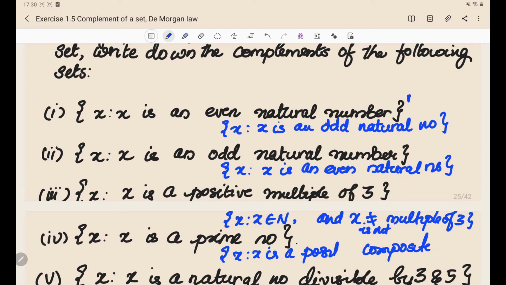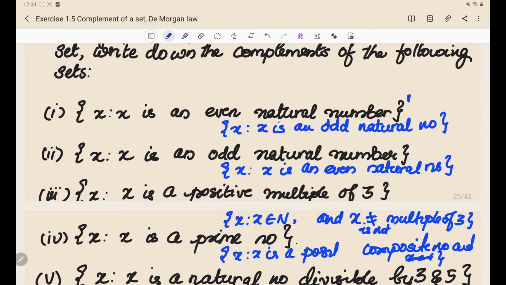Here you can say that x is a prime number, right? So all other numbers which are not prime numbers, that is, x is a positive composite number or 1. So this is the answer for the fourth problem.